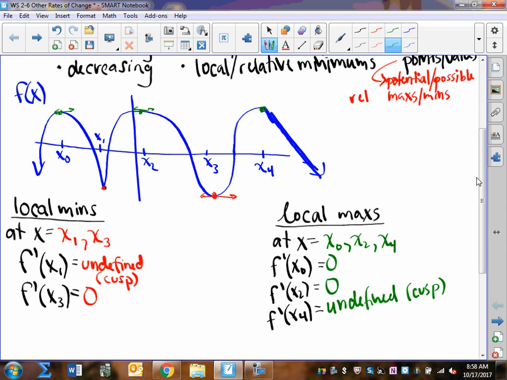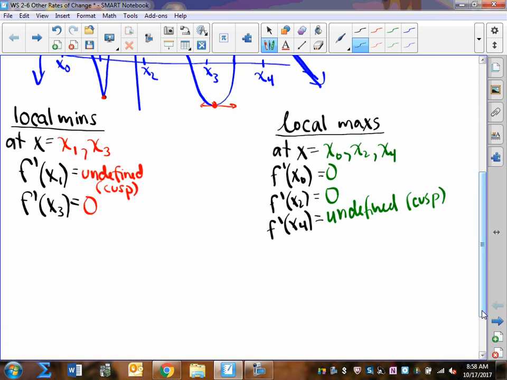Let's first come from the left of each of my mins. As x approaches my mins, so x sub 1 and x sub 3, let's start off from the left.